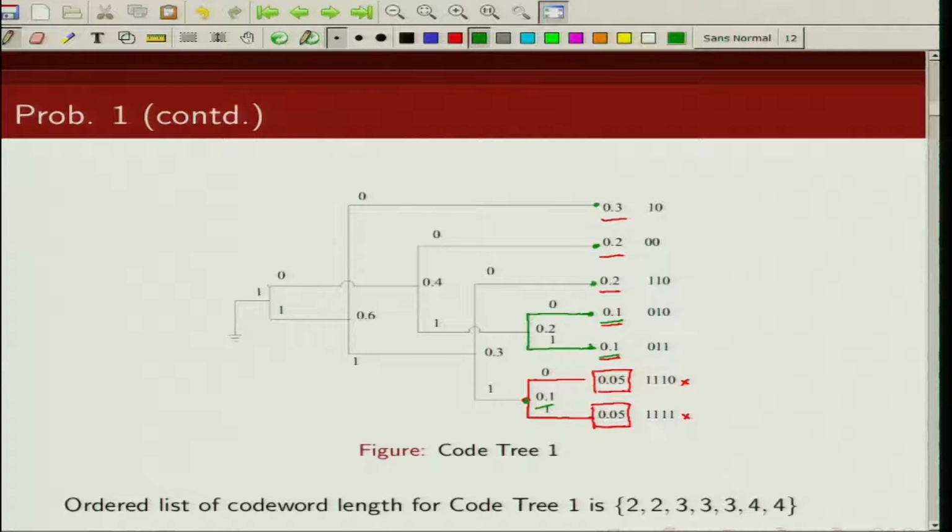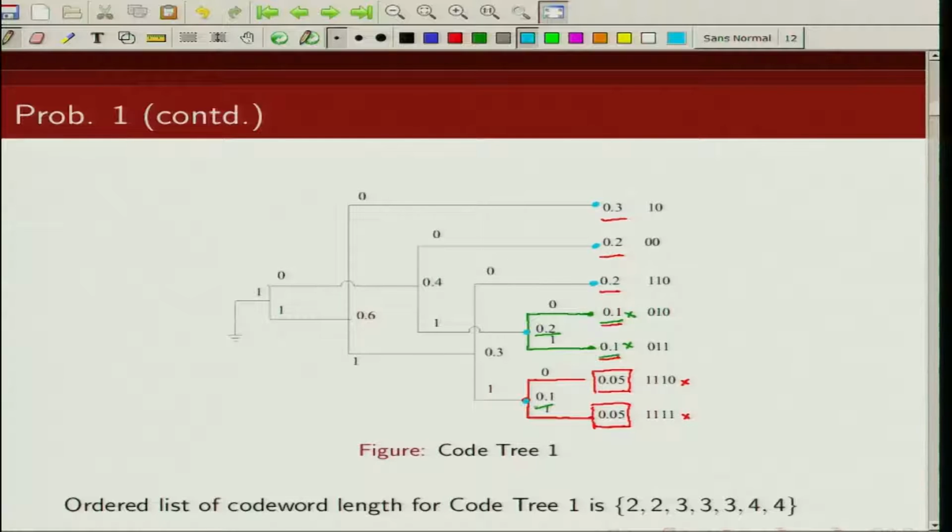If I do that, I create a new node which has probability 0.2 and I deactivate these 2 nodes. So at this point my active nodes are these five.